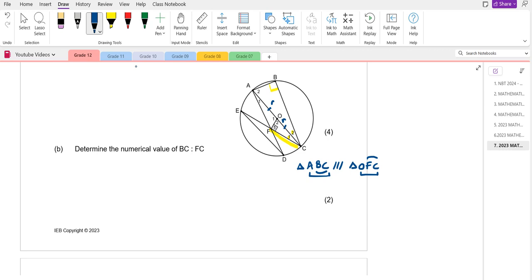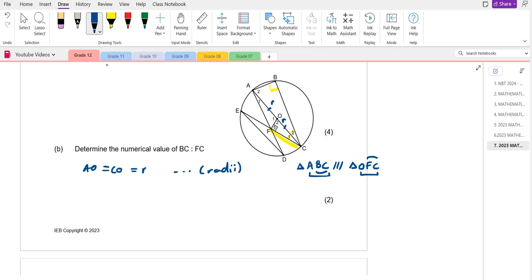We need to write that down. That's a radii, okay? AO is equal to OC. Let's write that down. AO is equal to CO, which is equal to R, and that's a radii.